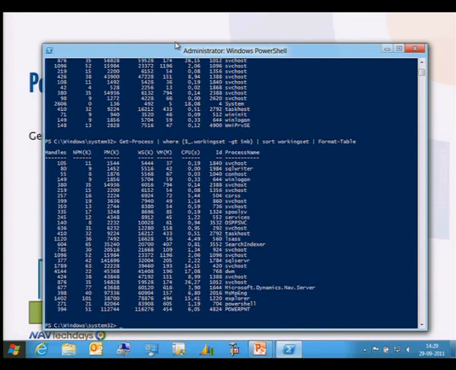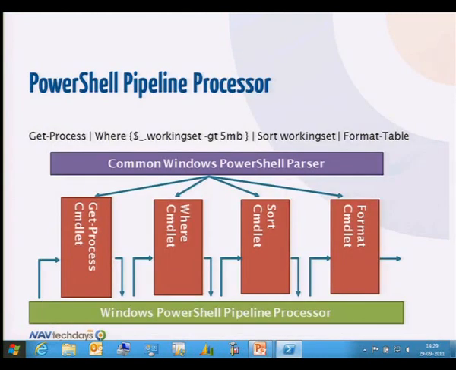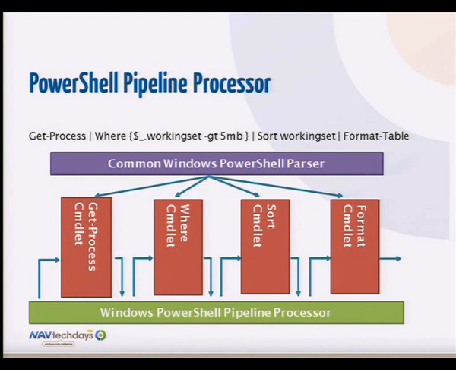Well, what happens inside PowerShell when I do that? Basically we have this parser, and as I talked to you about before briefly, this piping symbol is taking the output of the get process commandlet. It's going to be piped into the next function or next command, and it's not text, it's not something simple.